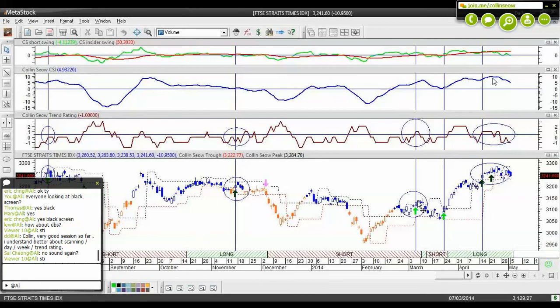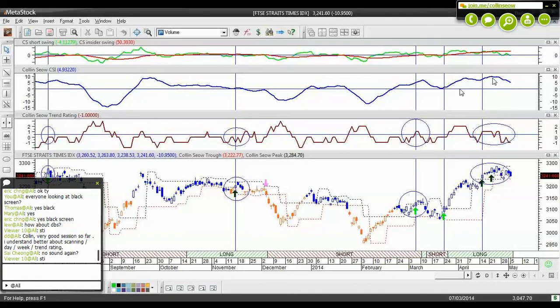Oh, by the way, the trend rating for STI, you see this part, right? STI, no signal, no trend rating. This part, no trend rating. This part, got trend rating, right? See the previous up, there were no trend rating.